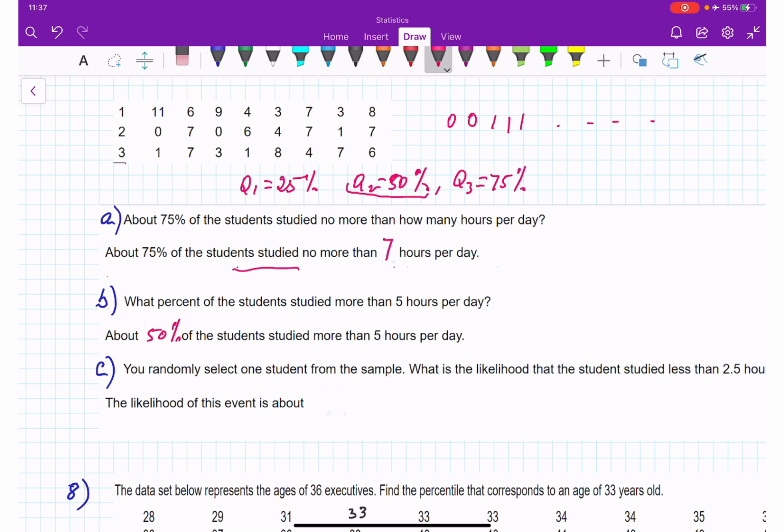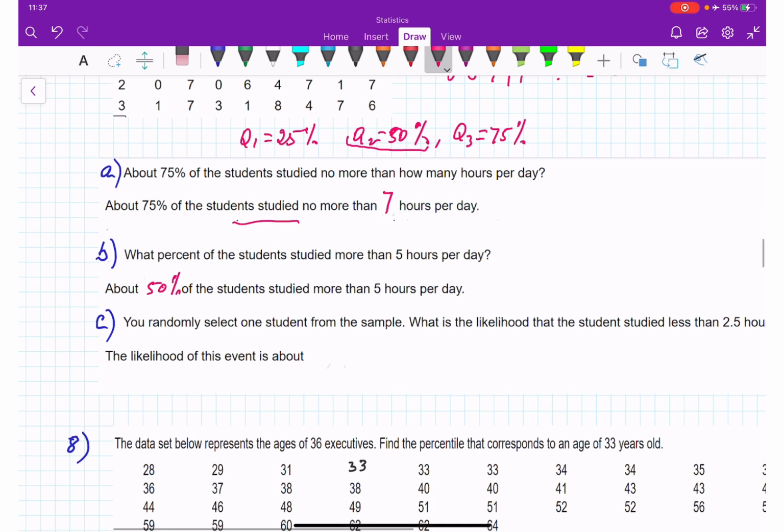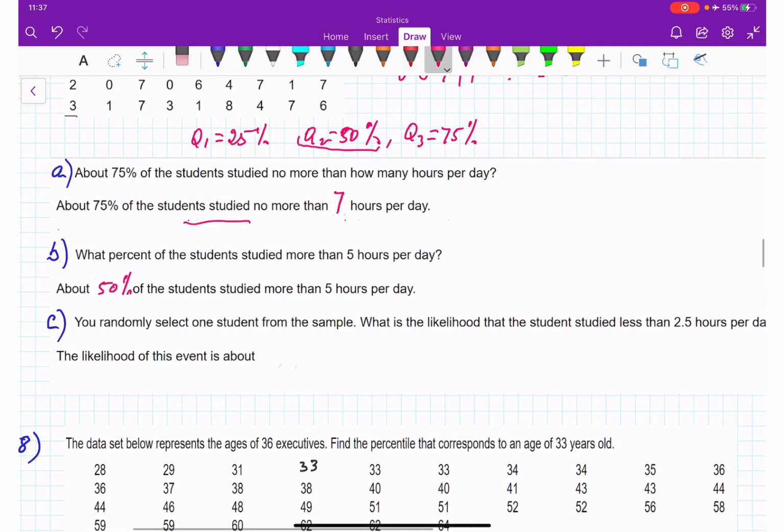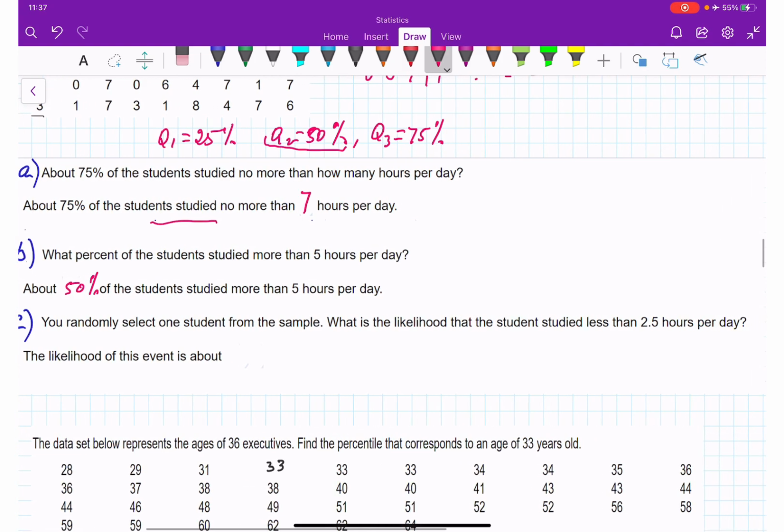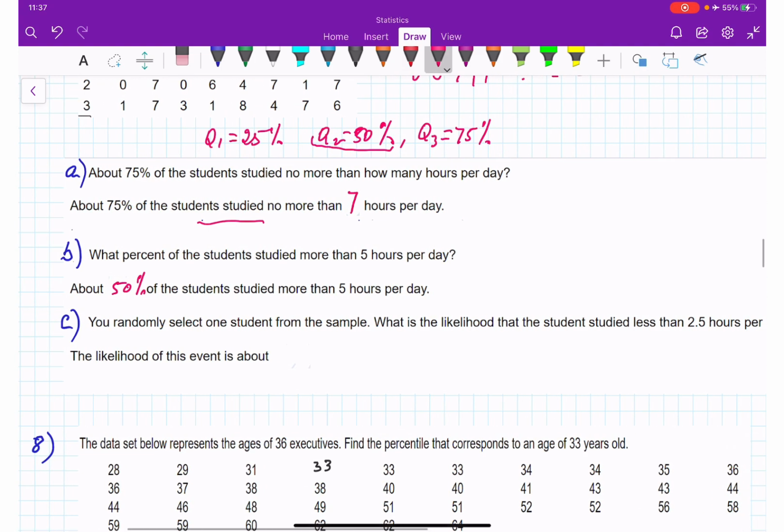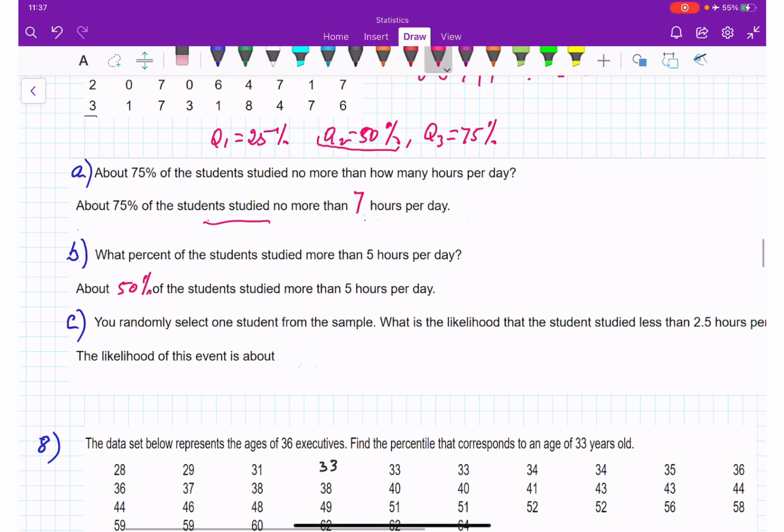And C, we randomly select one student from the sample. What is the likelihood that the student studies less than 2.5 hours per day? Less than 2.5 hours per day.